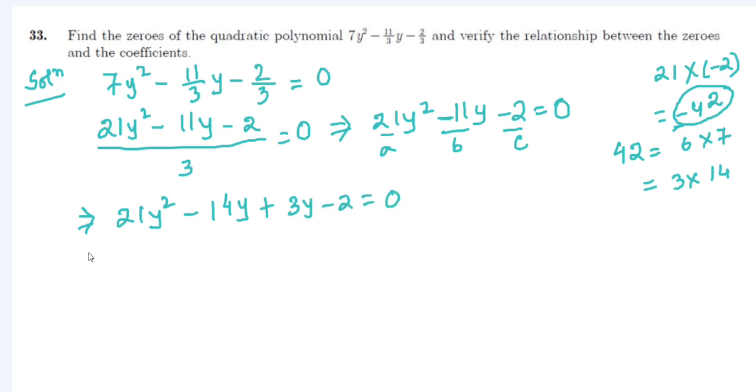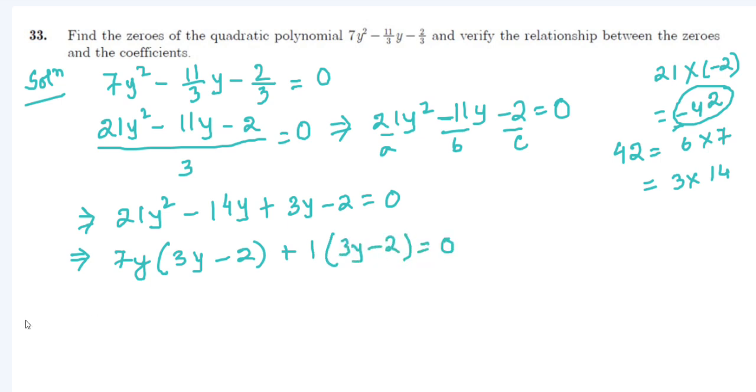Now from here we can take 7y common, then 3y minus 2 remains, and here we take 1 common, so 3y minus 2. So it is 3y minus 2 into 7y plus 1 equal to 0.